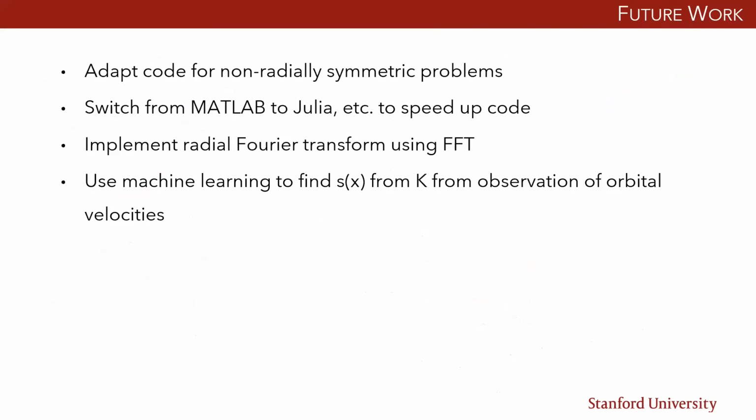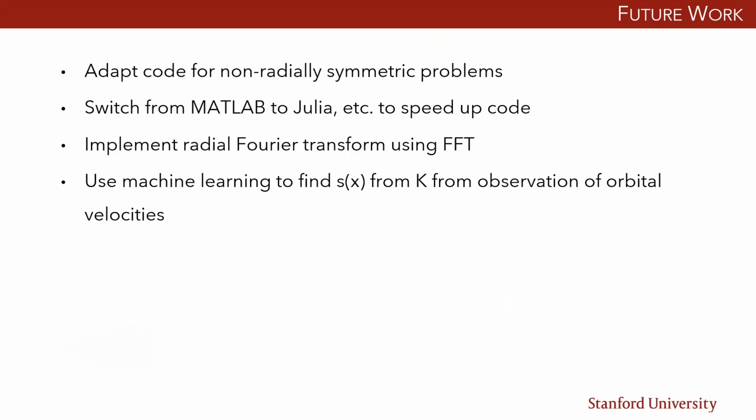In the future, we'd like to adapt this for non-radially symmetric problems, because a lot of the applications of variable order fractional Laplacians aren't radially symmetric. Maybe switch from MATLAB to Julia or something else that would make the code a little bit faster.